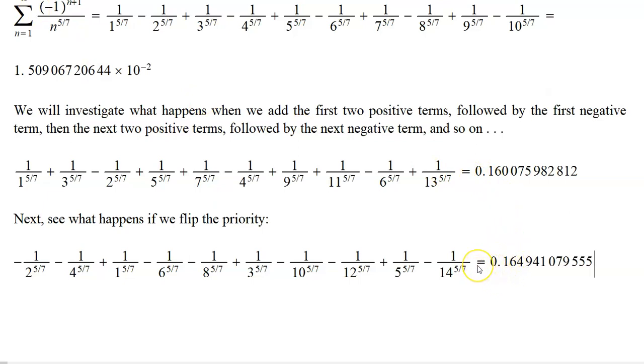I'm sorry, 0.164, should I believe that? Oh, yeah, sure, because we have big one over here. So it's still not quite the same as what we have over here, okay? And definitely very different from this partial sum.